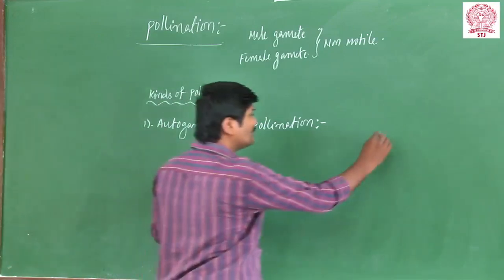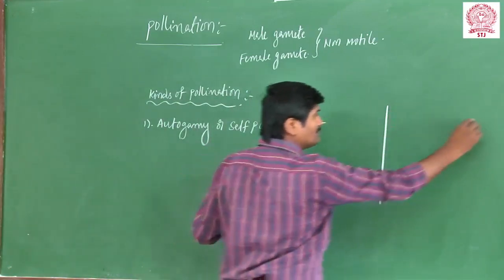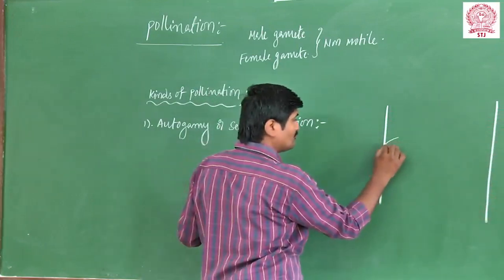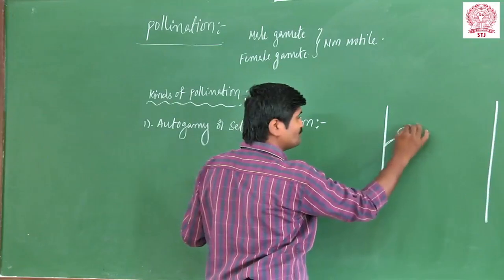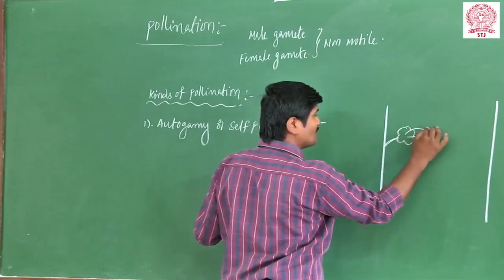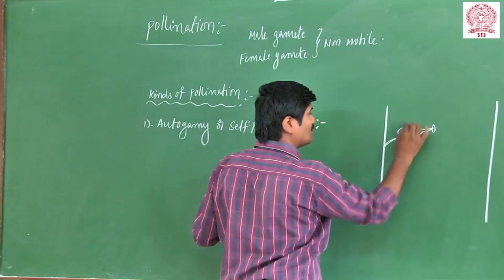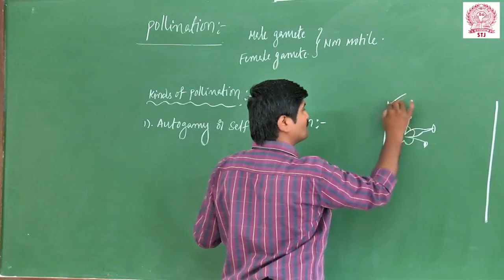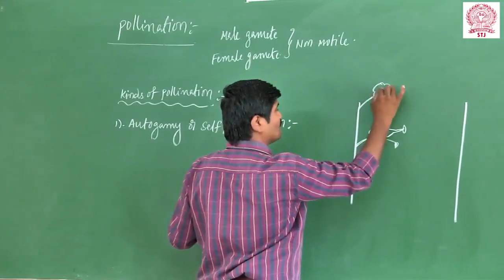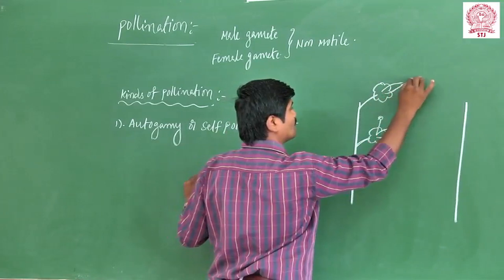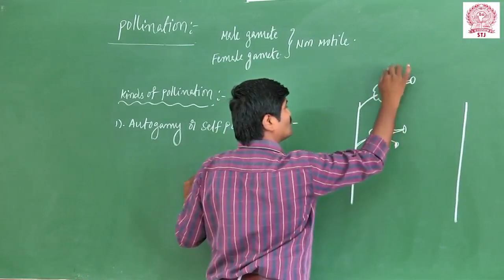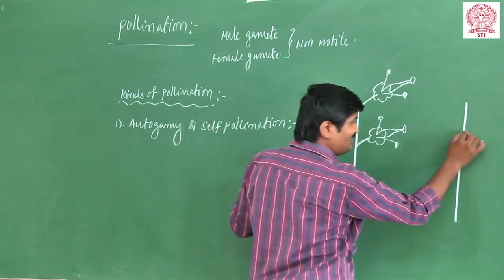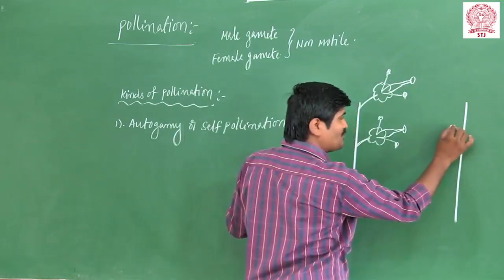For example, this is one plant, this is another plant. Stigma, these are the anthers. This is another plant belonging to the same species.